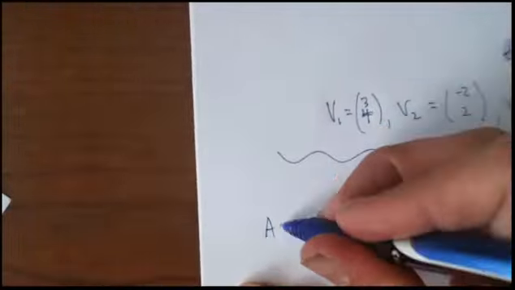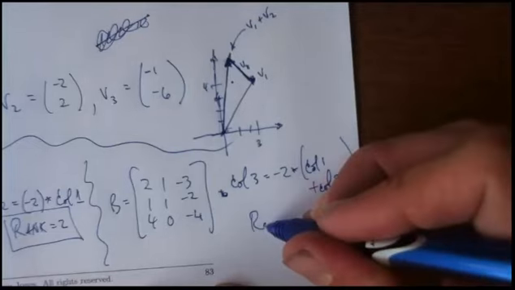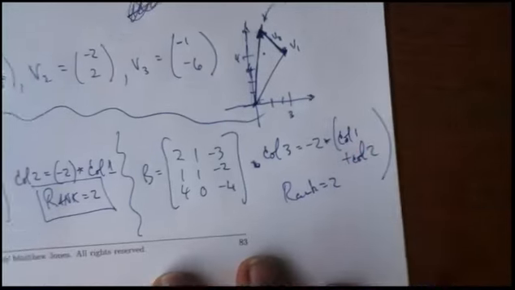What if you have something like this? What if matrix B equals 2, 1, 4, 1, 1, 0, negative 3, negative 2, negative 4? Notice that in this case, column 3 can be expressed as negative 2 times column 1 plus column 2. So the rank in this case also turns out to be 2.